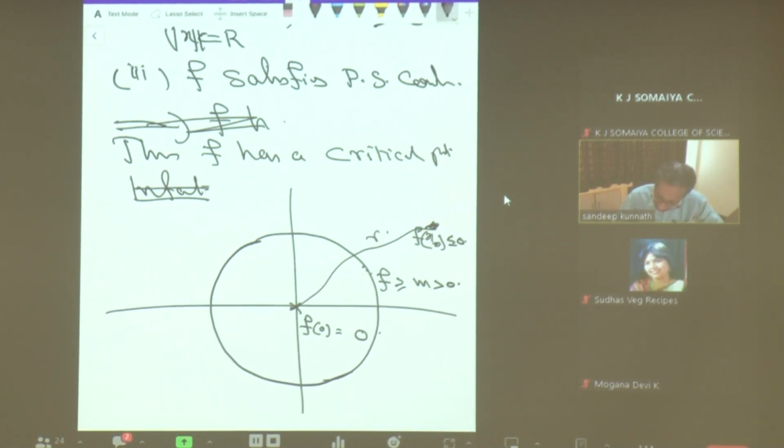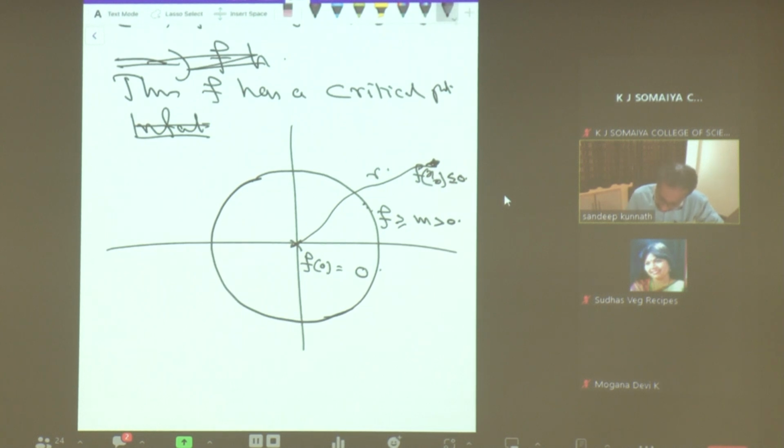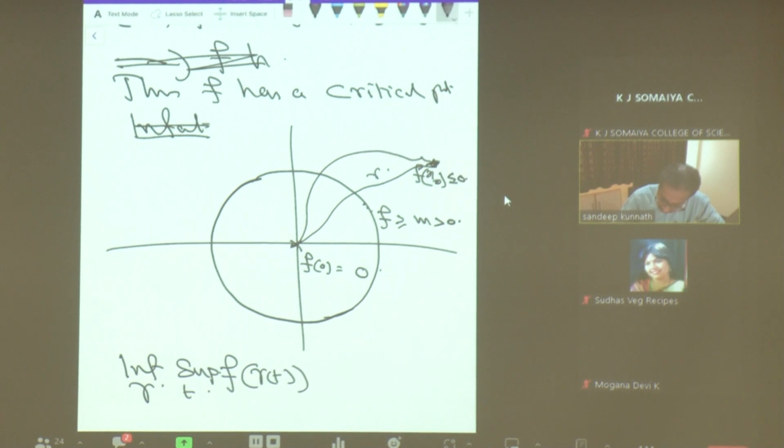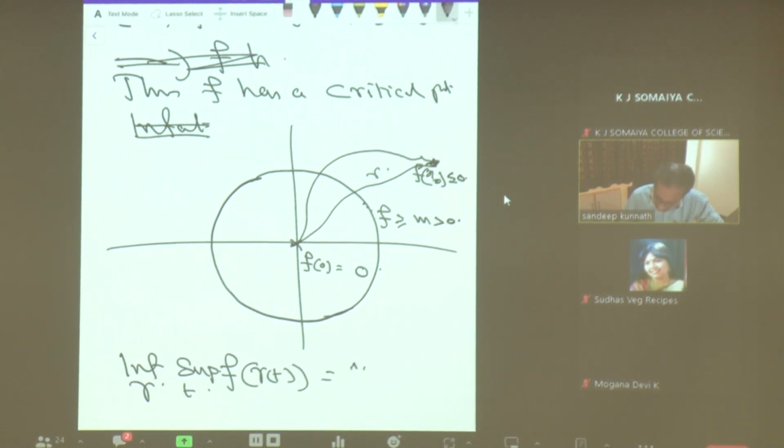I will call it gamma. Then I can take f of gamma(t), where t is the time, and take the supremum over all such t. That means the supremum of f over this curve. Then you take the infimum over all such curves gamma, and this will be some number, say alpha.